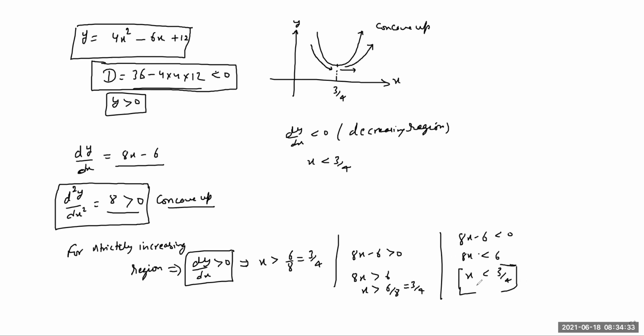So this is the idea of the first derivative test of increasing and decreasing functions, and the second derivative test of concavity or convexity. Concavity and convexity is a part of graph drawing actually.